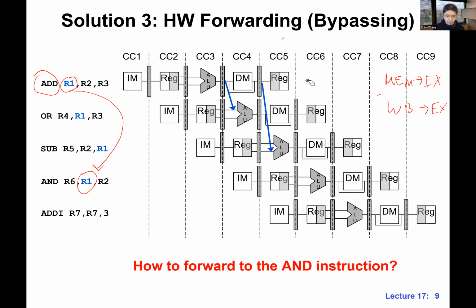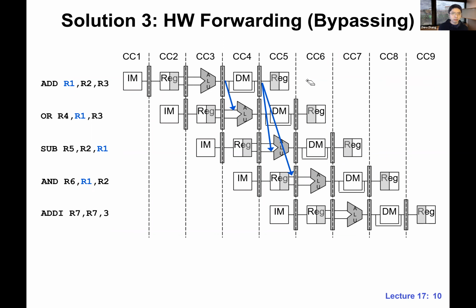So really, the answer is this. Which is actually pretty cool, and it's a very subtle solution. What we want to do is, over here at this cycle, CC5, we have the correct value of our R1 in this pipeline register, MEM/WB.